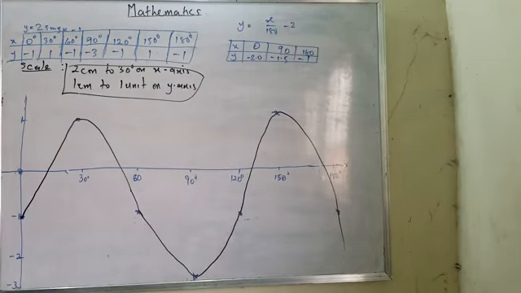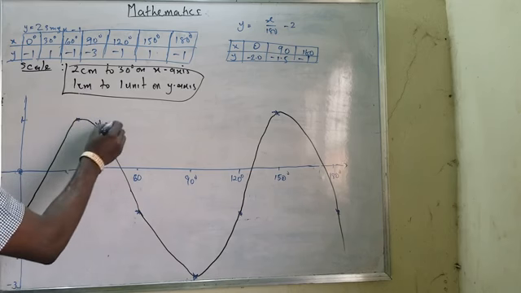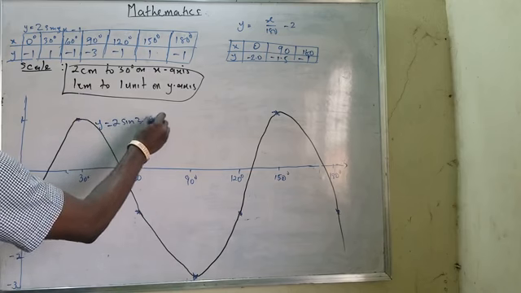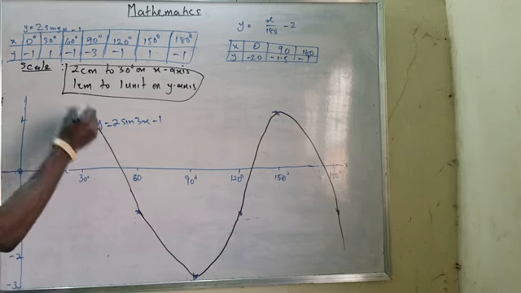Now, that is how the graph looks. When you finish doing that, it's good to indicate it by having y equals 2 sine 3x minus 1. Make sure you indicate it on this graph like this.